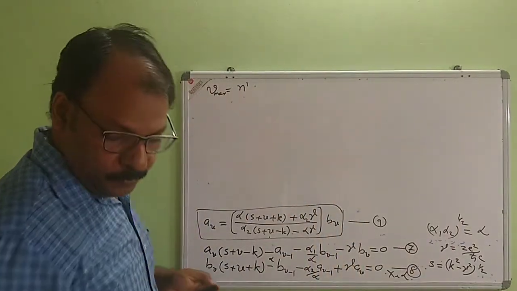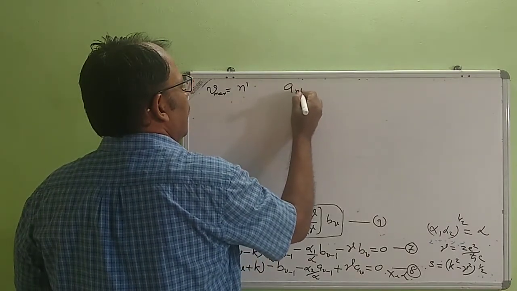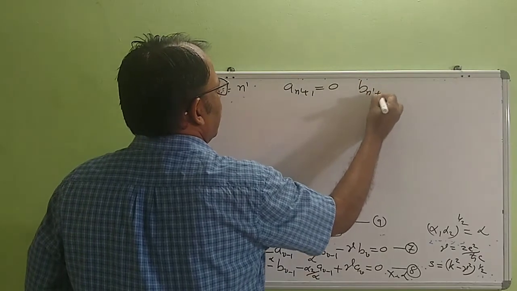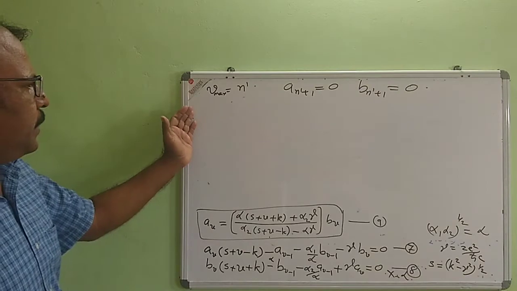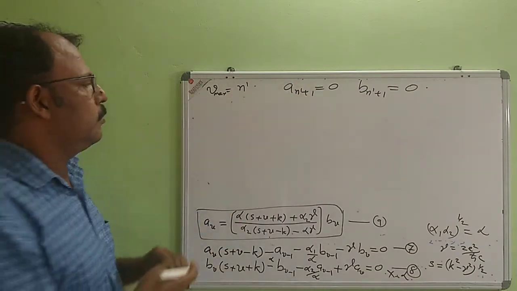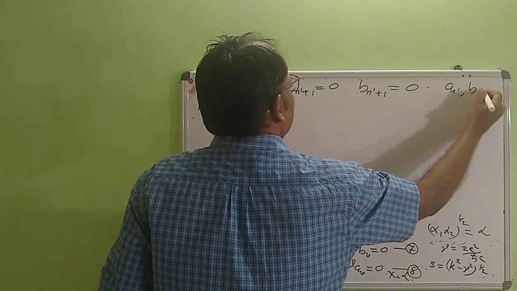That means a n dash is not 0, but a n dash plus 1 should be equal to 0. b n dash plus 1 also should be 0. When v increases beyond n dash, the coefficient should be equal to 0. The maximum value possible is a n dash and b n dash.